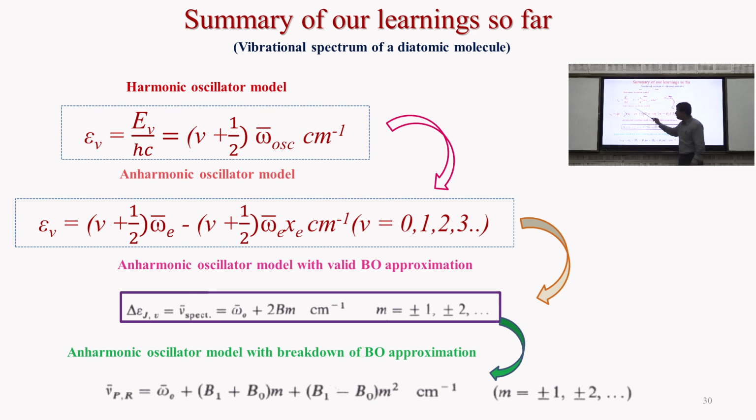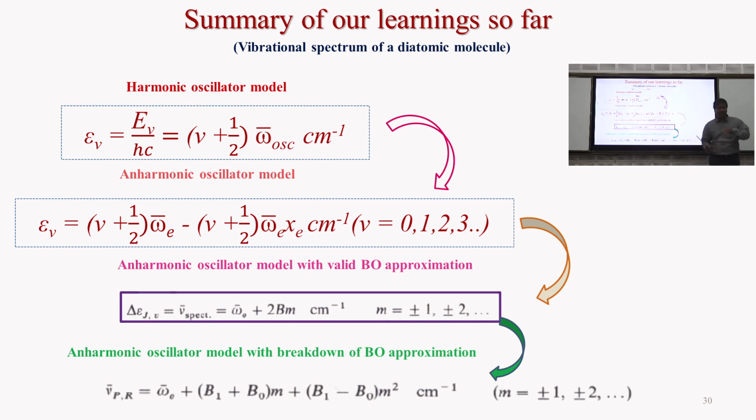Now this allows you to get multiple bands, the fundamental band, first overtone, and so on, but this doesn't allow you to explain the lines appearing in the fundamental band. For that we have to consider vibration and rotation together.